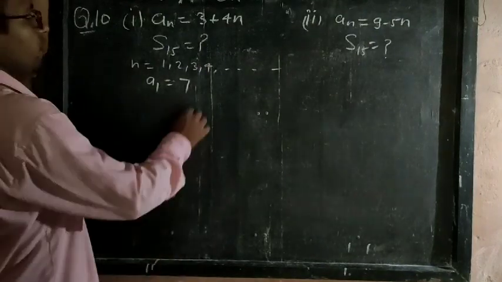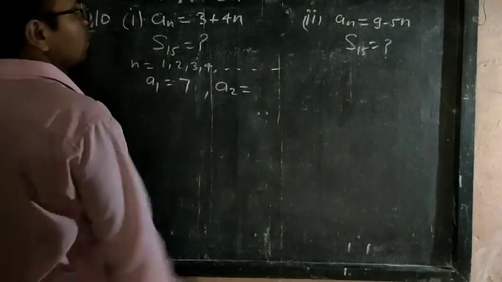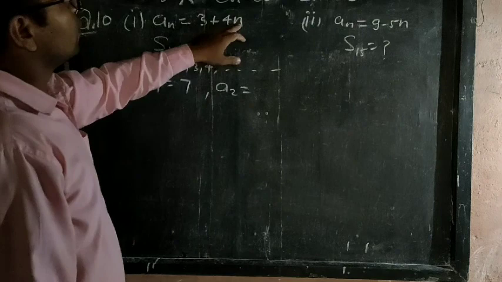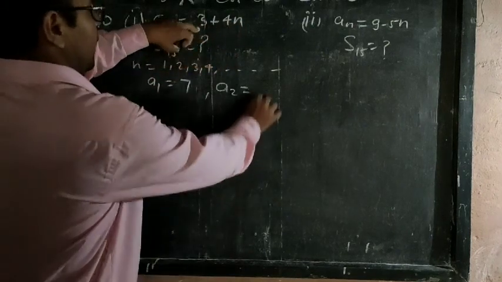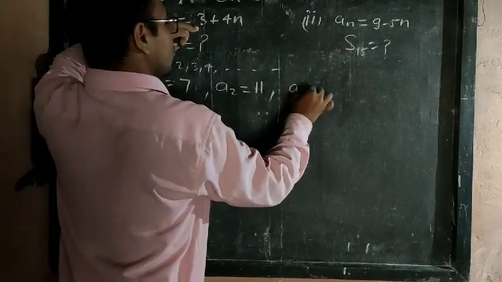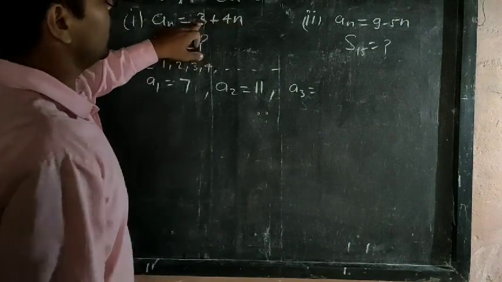In the same way we can calculate a2. How much will you get here? 4 times 2 is 8, 8 plus 3, 11. In the same way we can calculate a3. That is 4 times 3 is 12, 12 plus 3, 15.